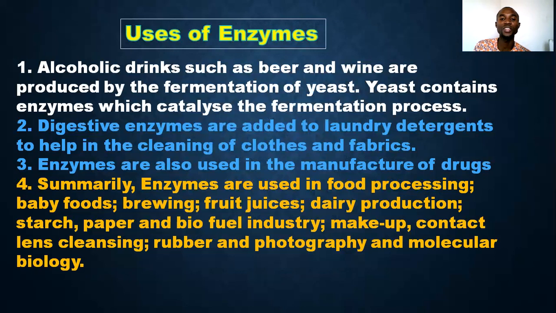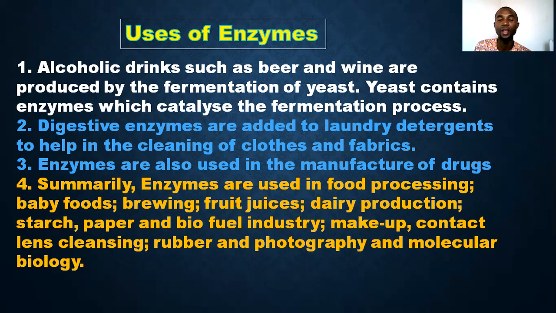Okay, what do we use enzymes for? Uses of enzymes. Alcoholic drinks such as beer and wines are produced by the fermentation of yeast, and that yeast contains enzymes which catalyze the fermentation process. So we use them in production of some alcoholic drinks.